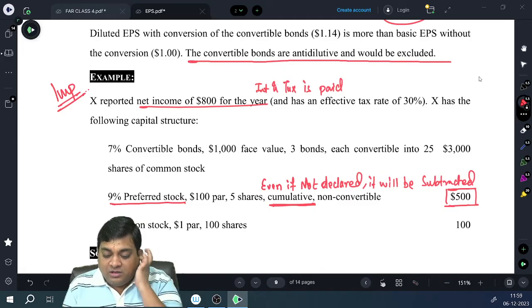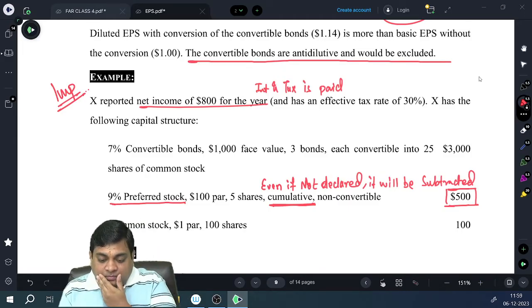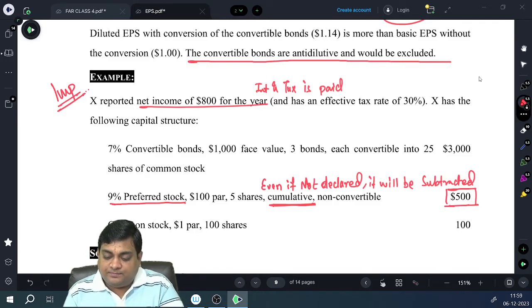First, I am worried about the basic earning per share. So for basic earning per share, we are only going to see the issued one, right?